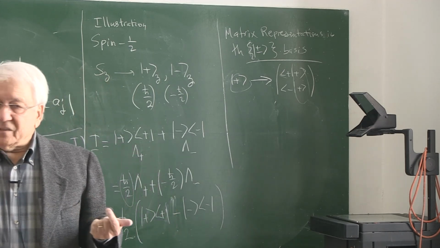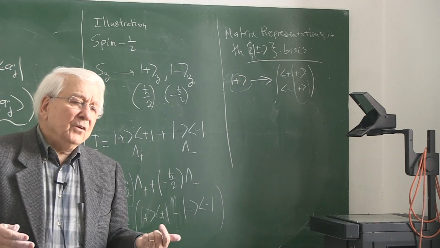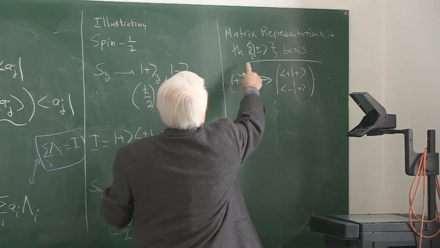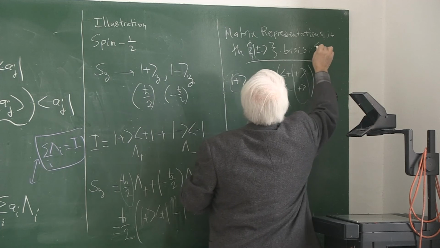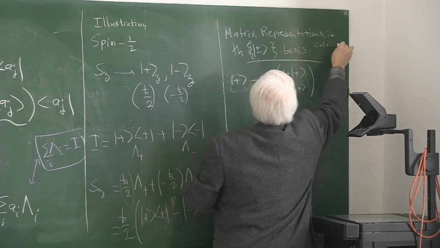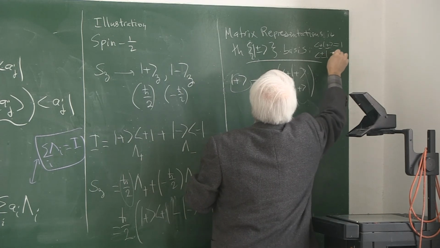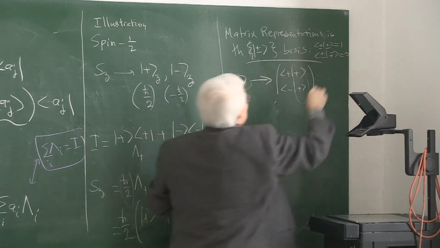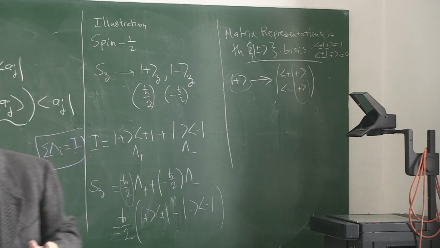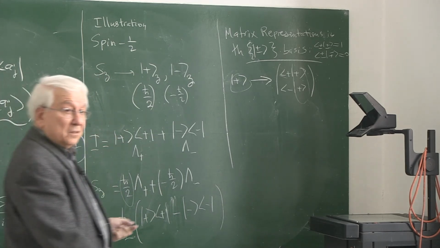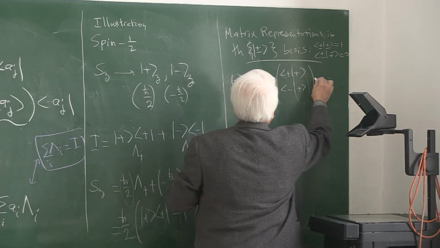Plus-plus. They are normalized, right? Because that's what we call basis vectors. By the way, perhaps I should express in here that plus-plus is 1, and minus-minus is 1, plus-minus and minus-plus are 0. That's the definition of a basis vector. So it's already at the back of our mind, so I am using it. So what is it then, the matrix representation of the plus?